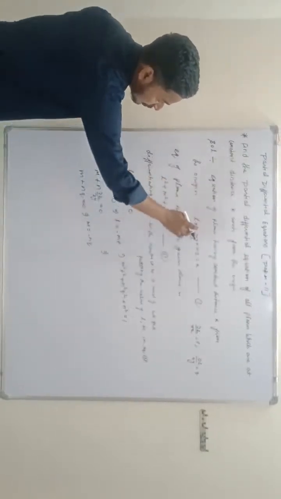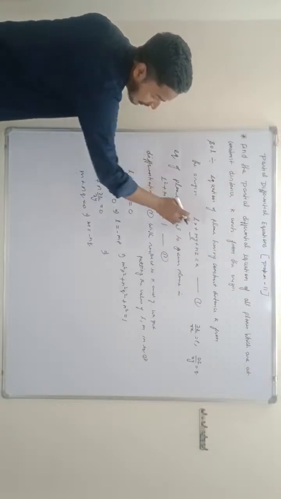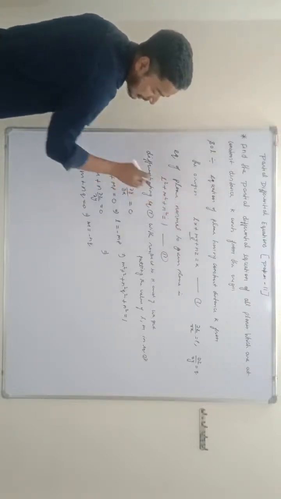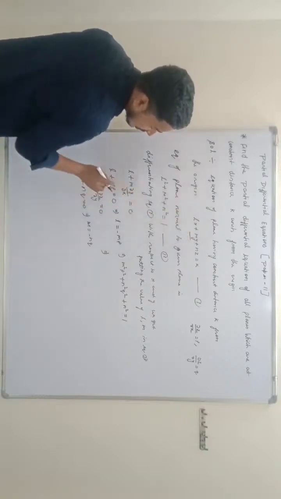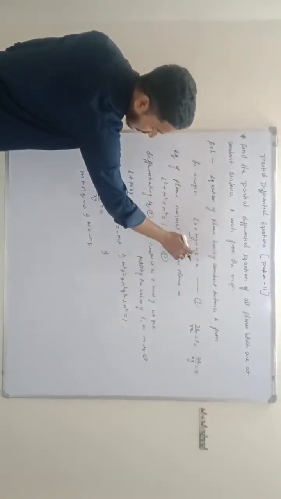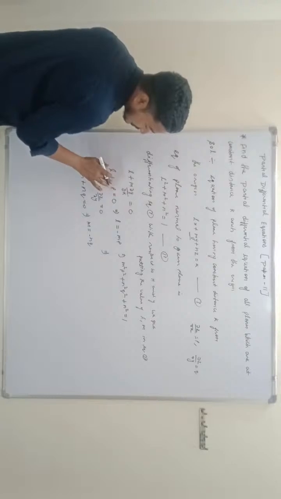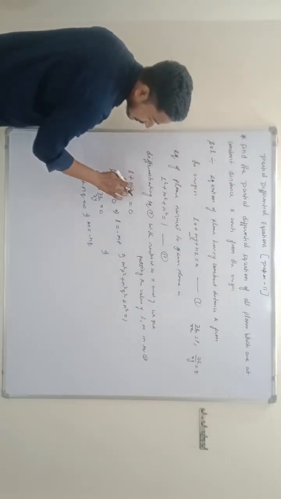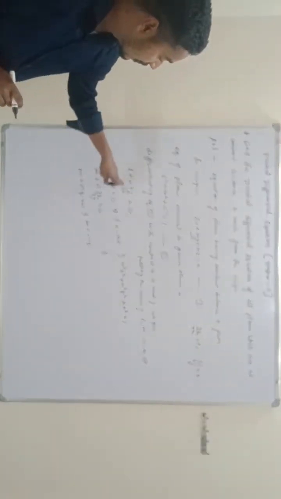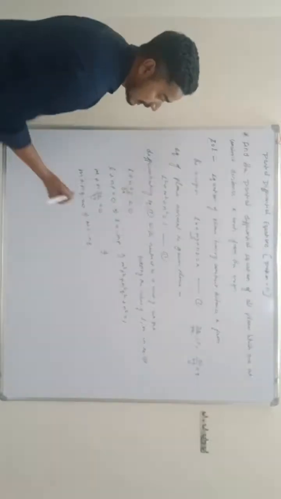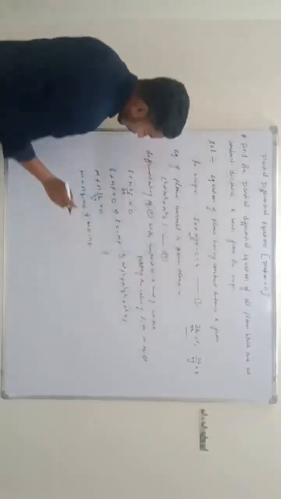We get L times the derivative of x with respect to x, which gives 1, and My is a constant so we get 0, and here is Nz. So we get N ∂z/∂x, and in place of ∂z/∂x we put p.